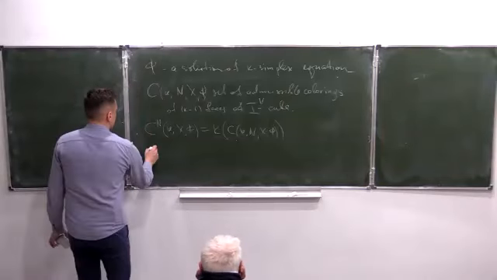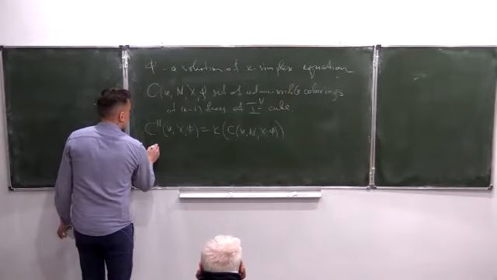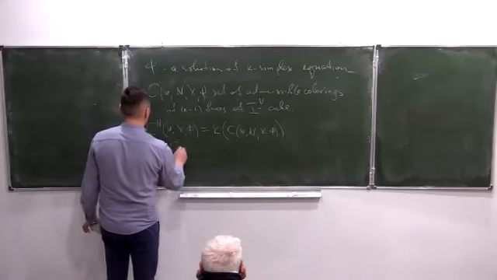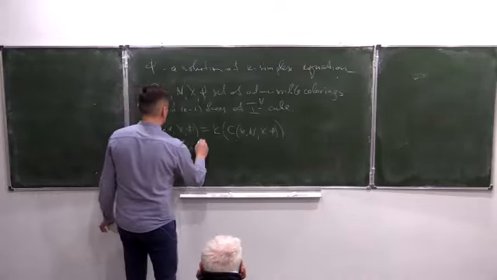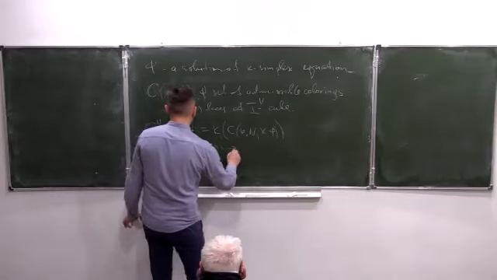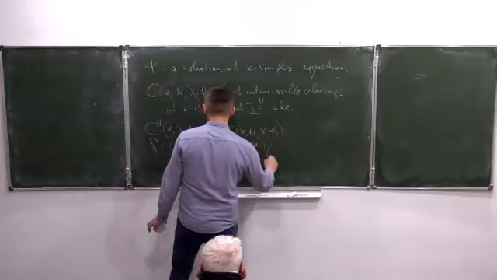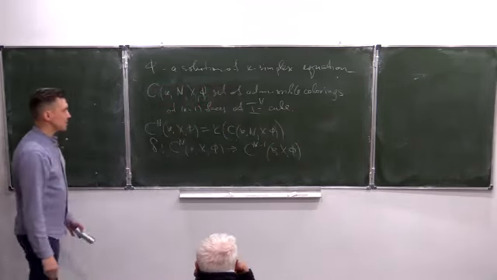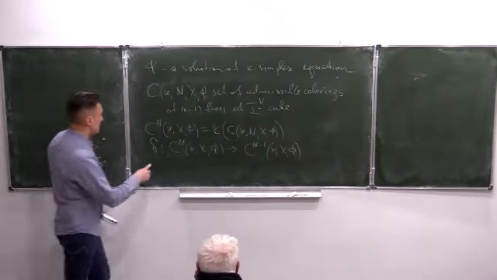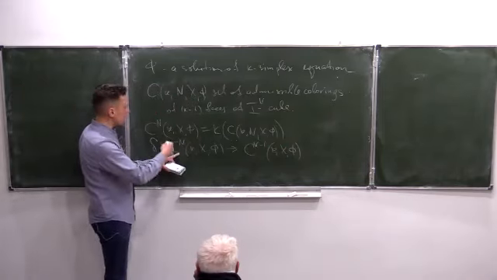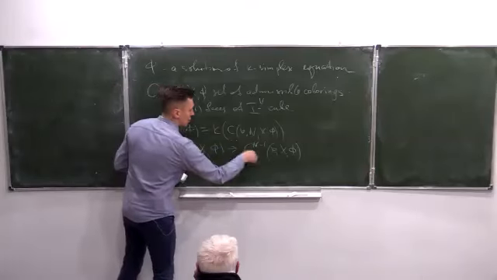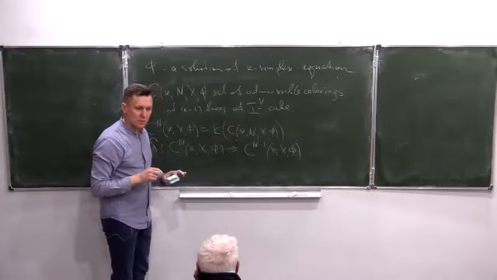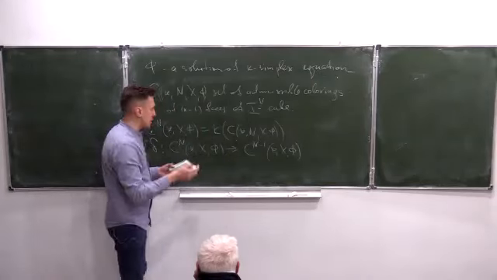And we can define a boundary operator delta, which goes from C_n(X, phi) to C_{n-1}(X, phi). We can just consider the coloring of the boundary of this n-cube with alternating signs.